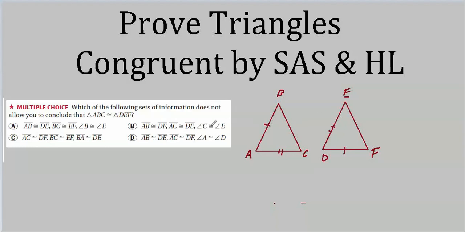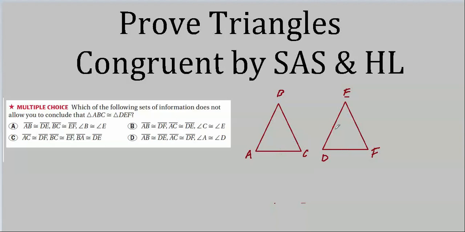And angle C, that's this one here, is congruent to angle E. Well, this looks like side-side-angle. Remember, I showed you just a few minutes ago that that doesn't work. Or you could say angle-side-side. Unless you've got a right triangle, that doesn't work. So it looks like this is probably the answer. But let's check out the other two just to make sure.